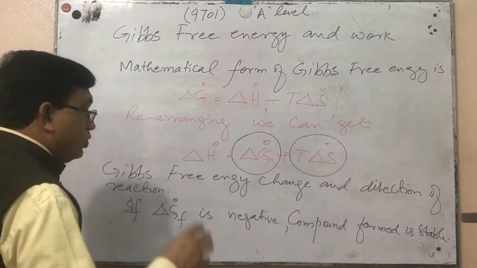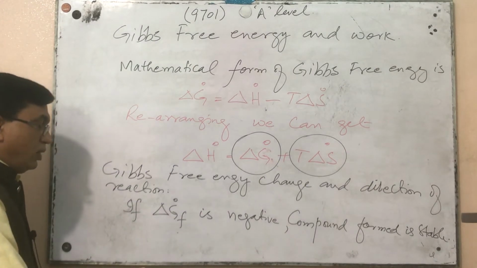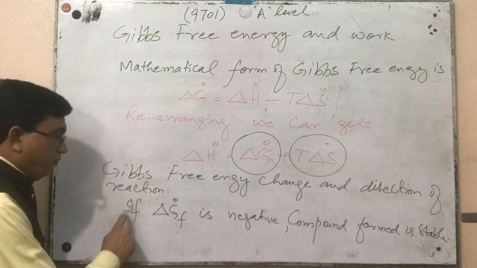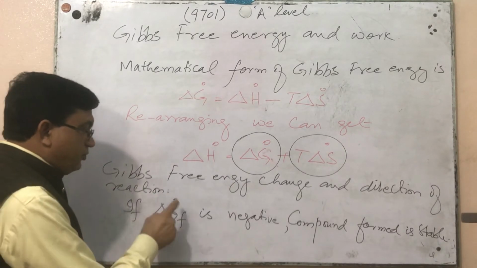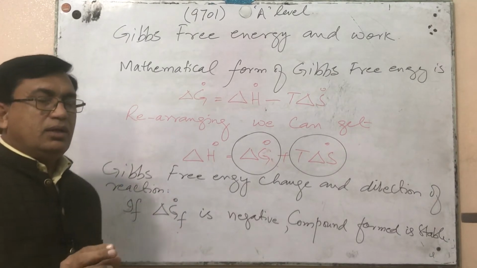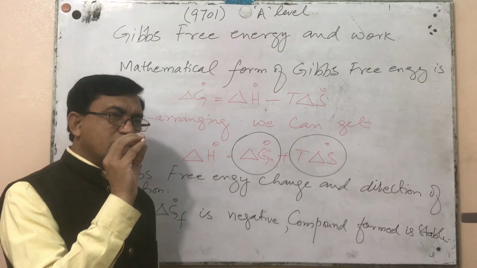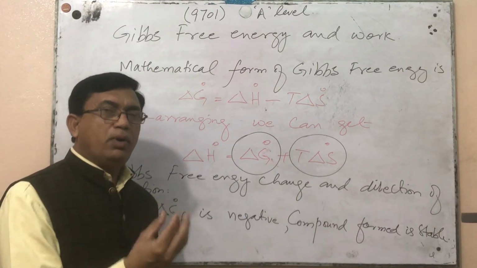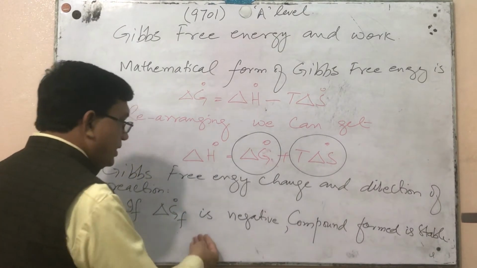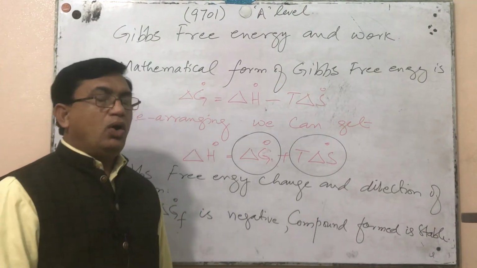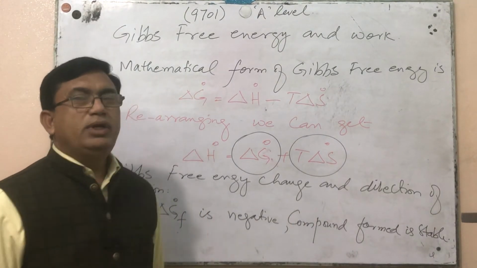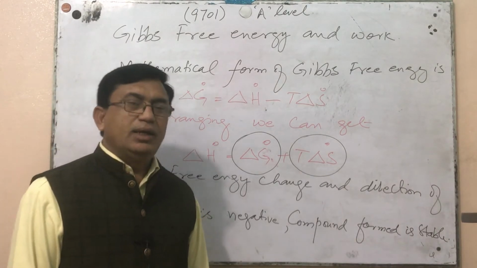But for those compounds whose standard molar Gibbs free energy is a very small negative or a positive value, that indicates the products are unstable and likely to decompose quite easily, nearly at room temperature.